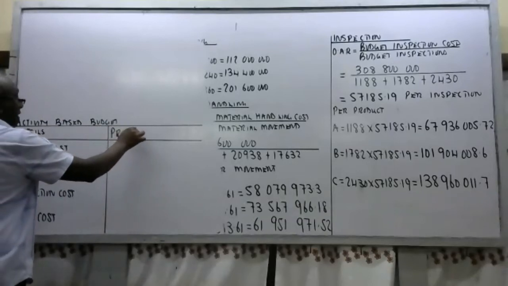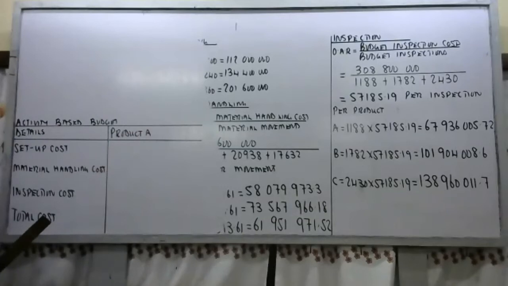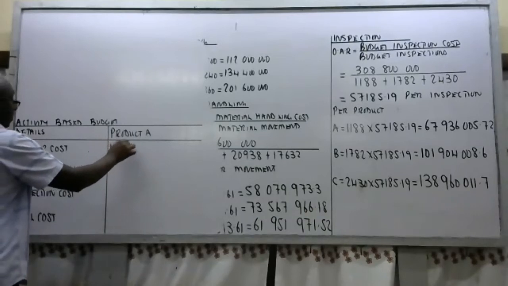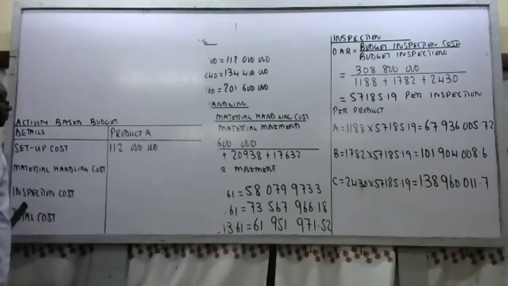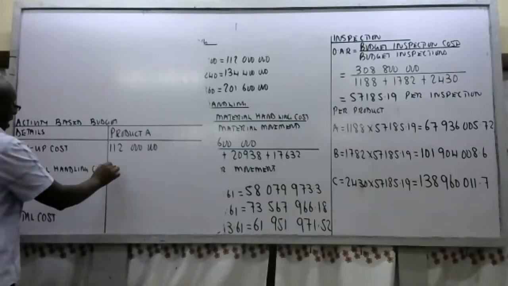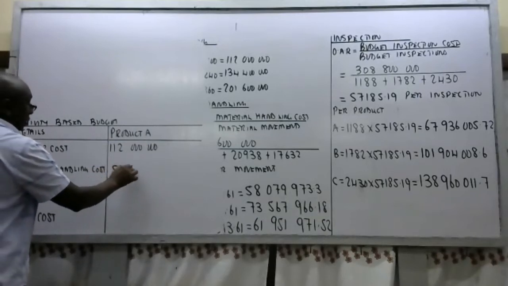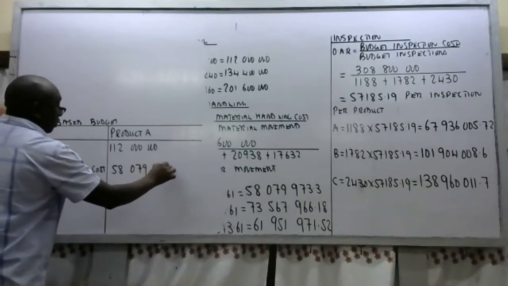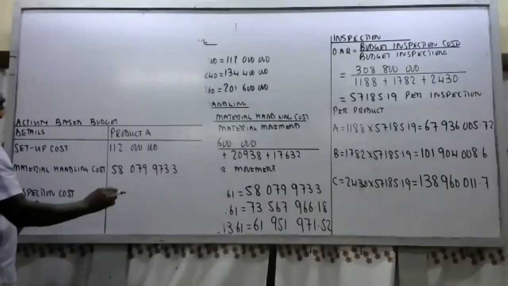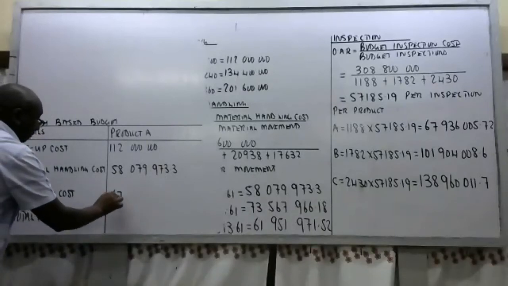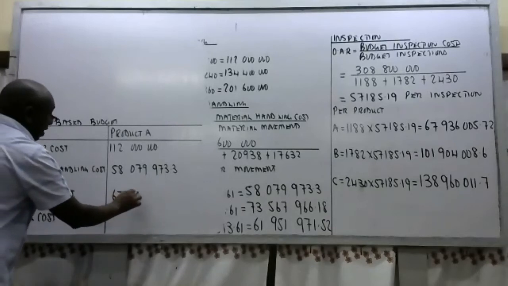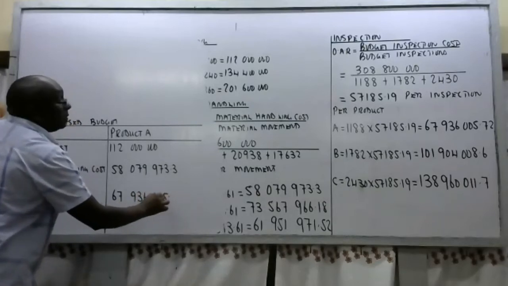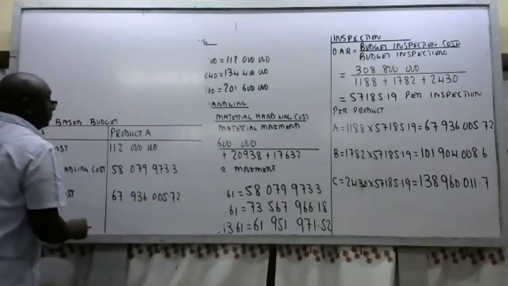So we have product A. Product A in setup has 112 million. In handling, it has 58,079,973.3. And in inspection it has 67,936,005.72.